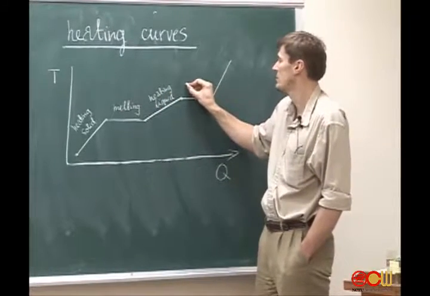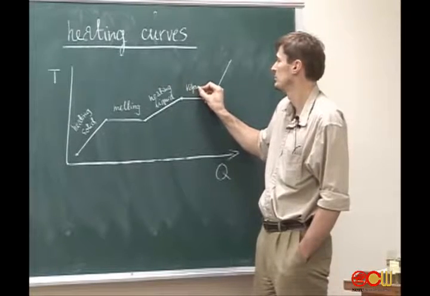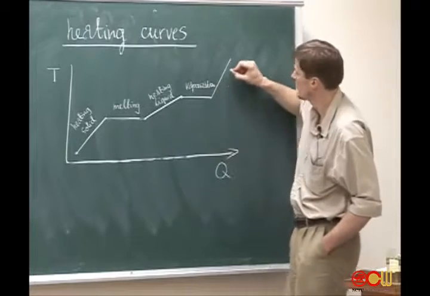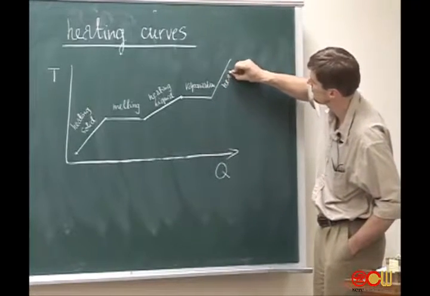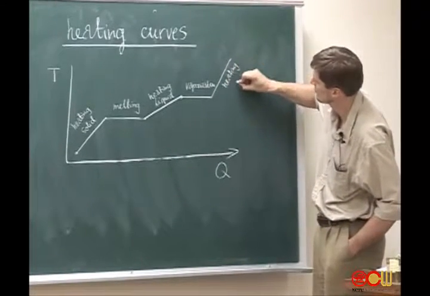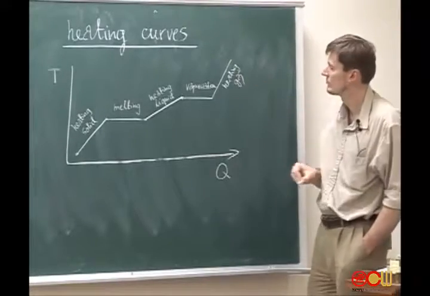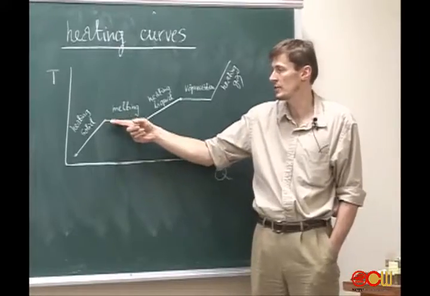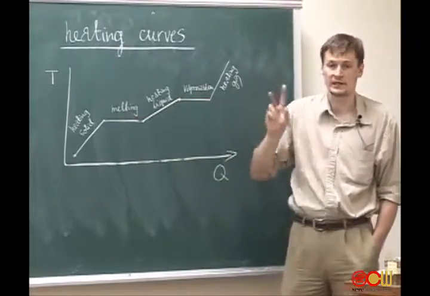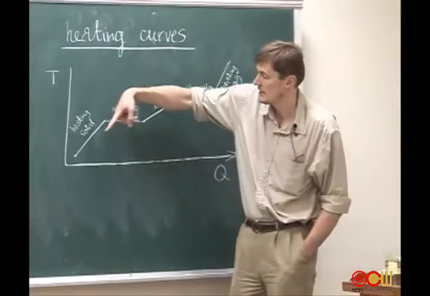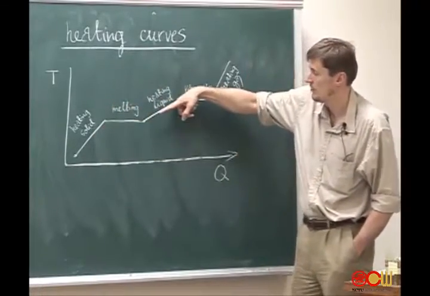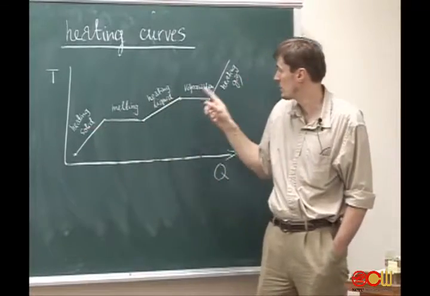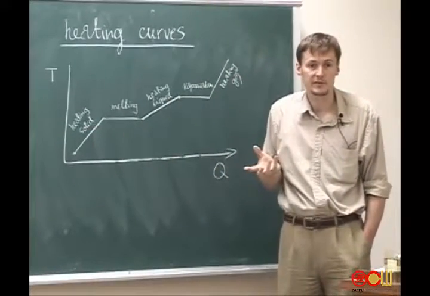Here you are vaporizing. And here you are heating gas. Now the important part is that the temperature doesn't change here and here. The second important part is that these curves have different slopes, because generally solid, liquid and gas have different heat capacities.